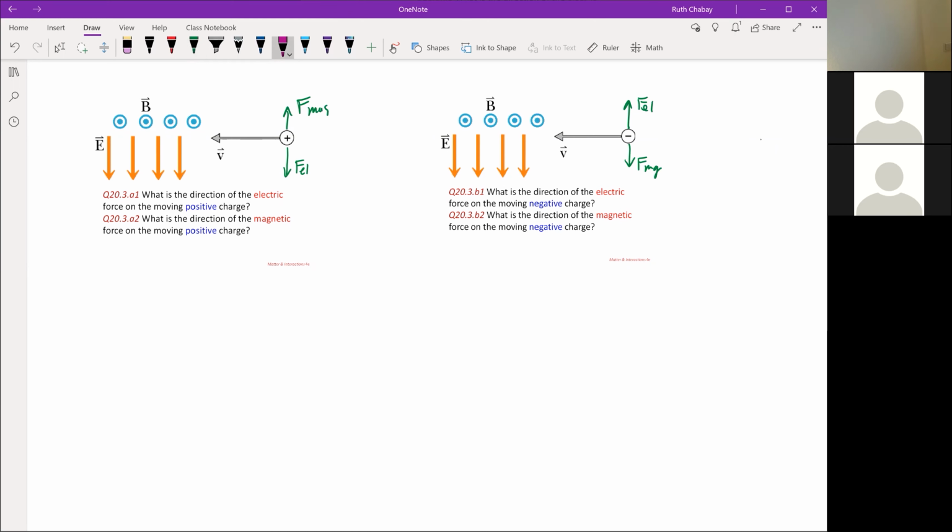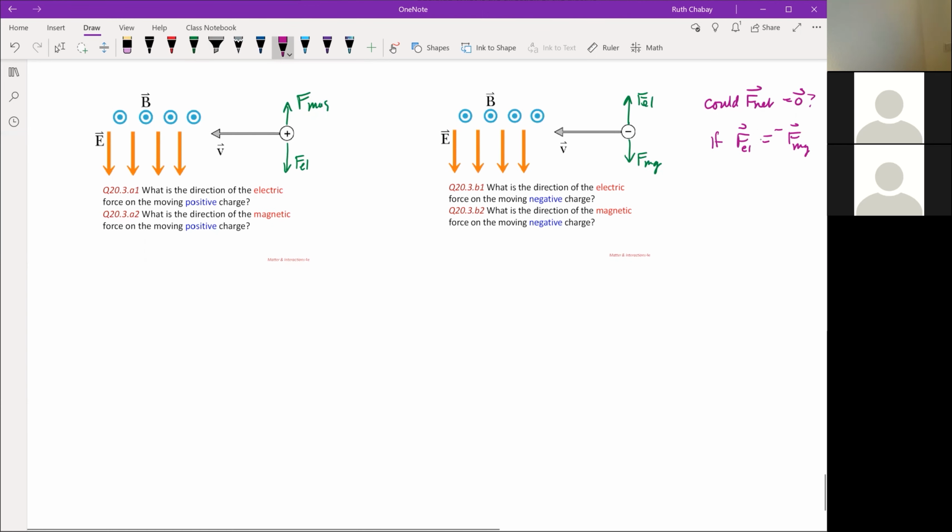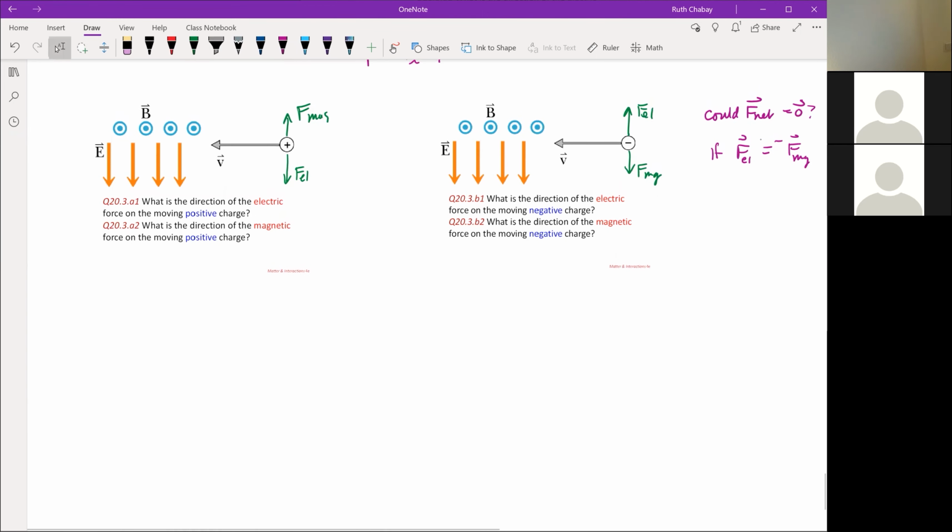So the question we want to ask here, though, is could the net force be zero? Well, sure, if the electric force is equal to and opposite to the magnetic force. So how would that happen?